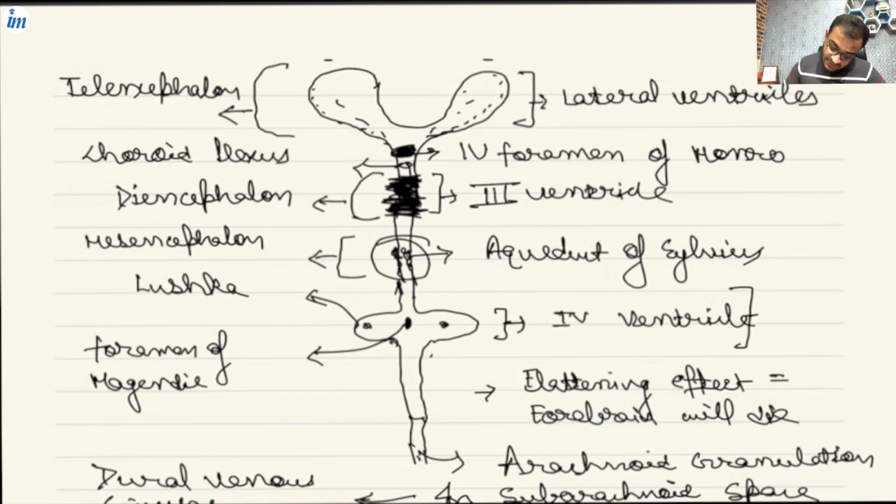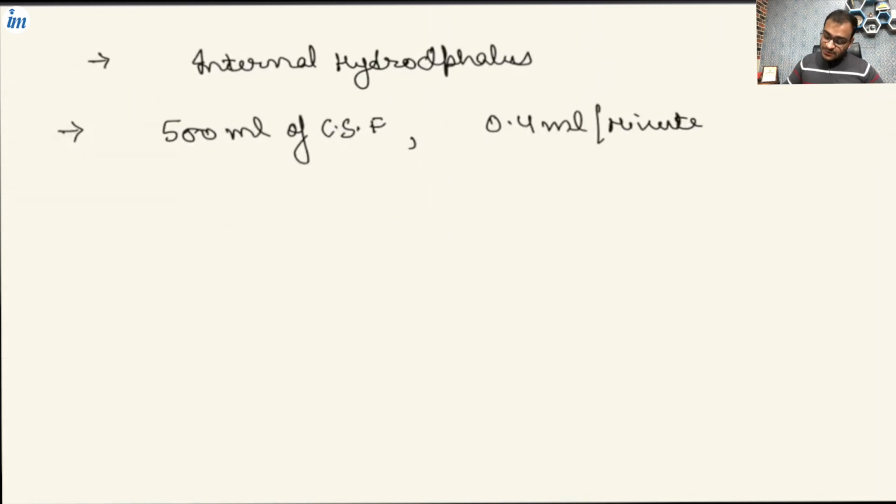And where the fourth ventricle is located, it is rhombencephalon. My main aim in telling you the classification of the nervous system is that the examiner will ask you which part of the brain the fourth ventricle is located in. From the diagram you can say the fourth ventricle is located in rhombencephalon. The third ventricle is located in which part of the forebrain? It is diencephalon. So in that manner we need to keep on revising and studying. Best of luck.